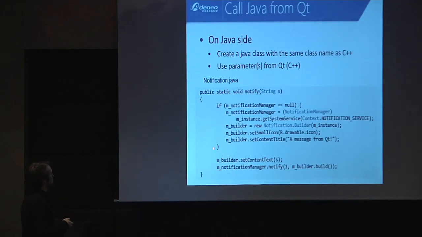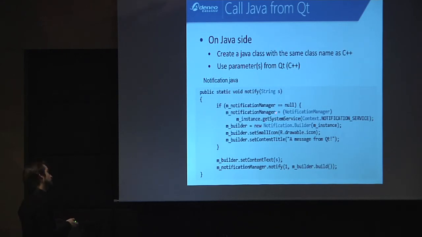And then we go for this small piece of Java code, which is actually taken from the Qt examples. You can find this one if you look for Android native. Basically, what we do here is we create a builder for the string.